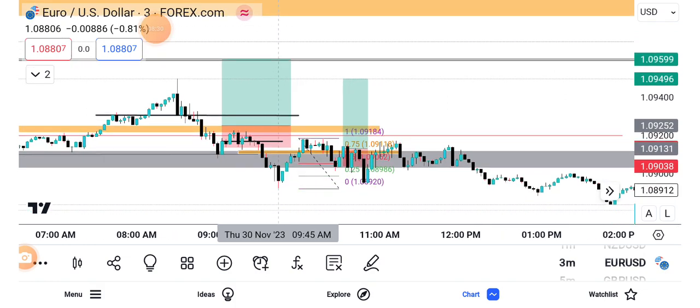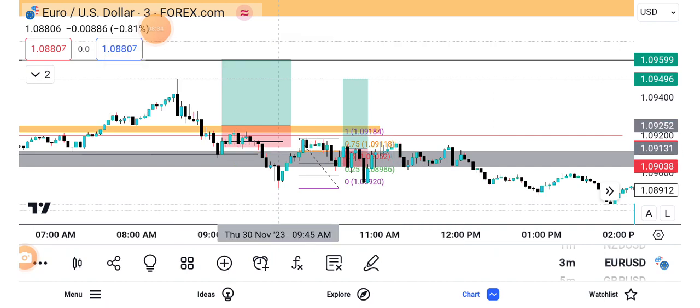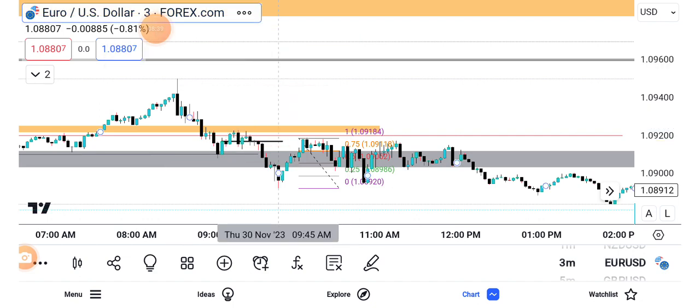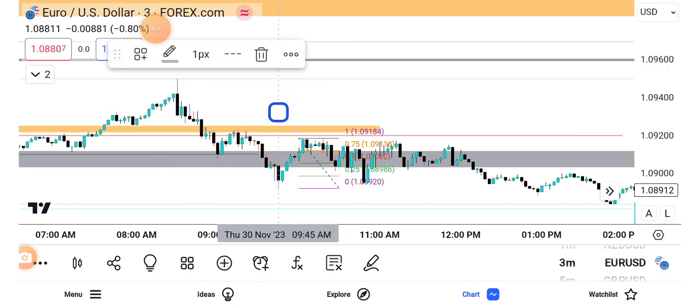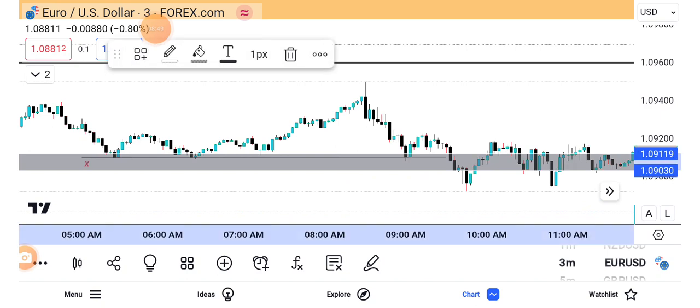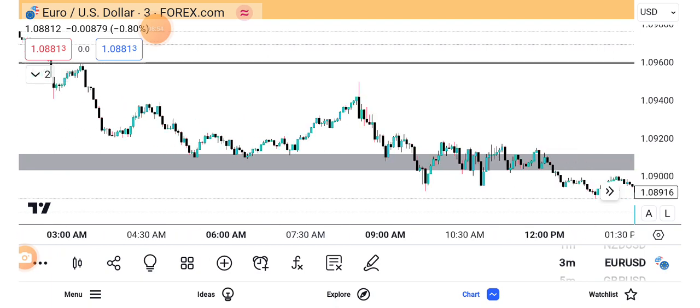Let's now continue. So I want to clear everything over here so that we may see what really happened, where did I get this wrong, and how can I read this kind of price action next time.